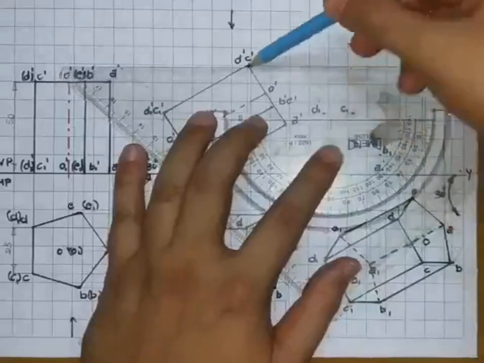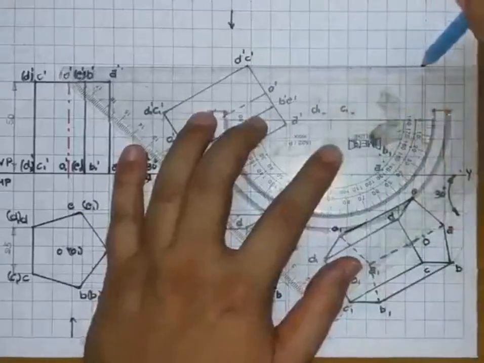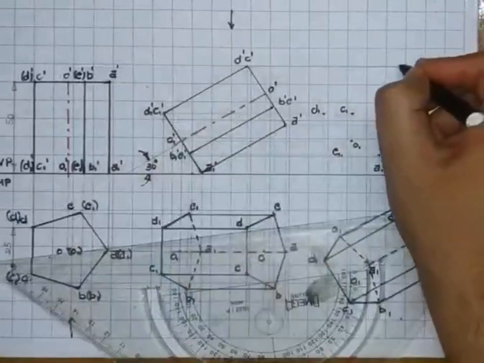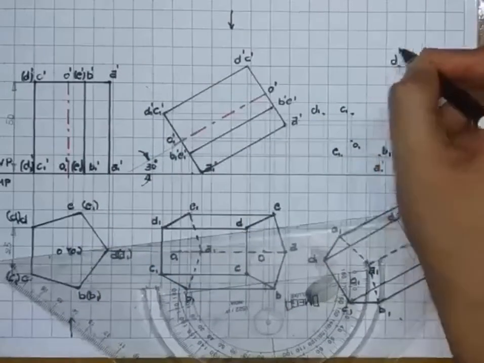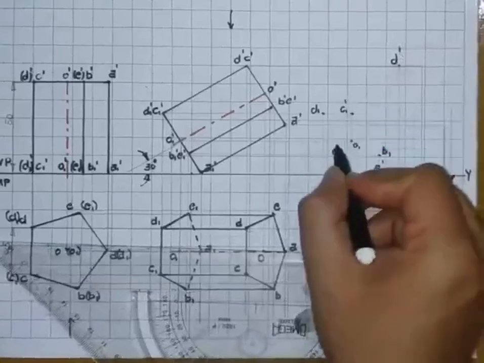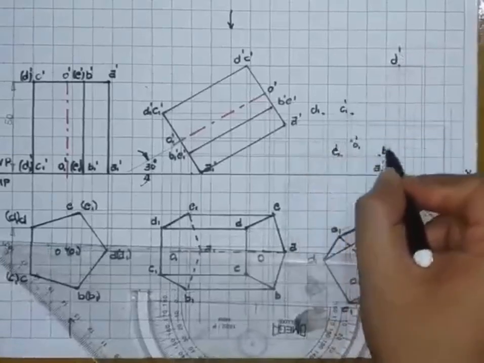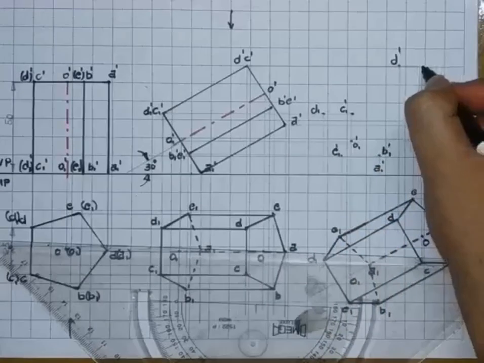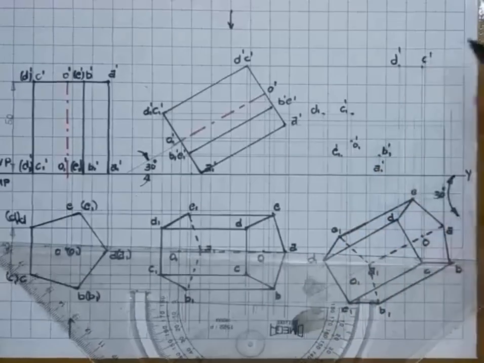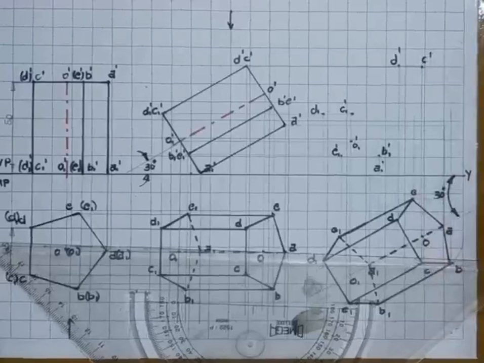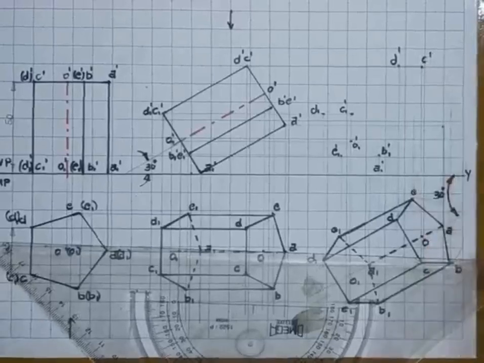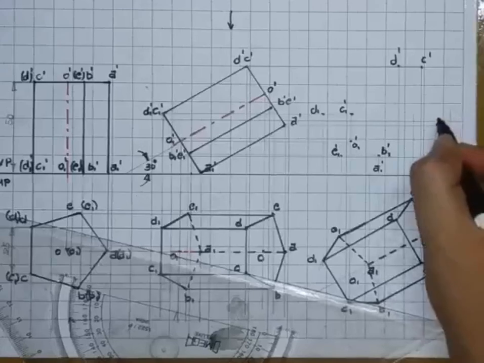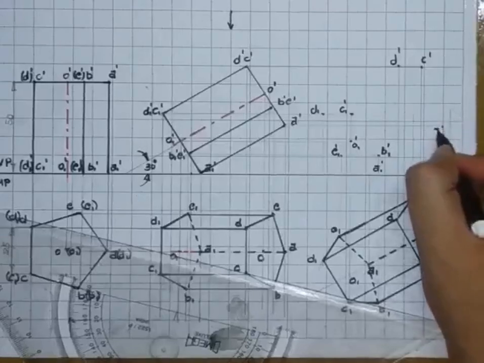This is point C and D. Let me mark it. This is point D dash. And this is point C dash. And this is point A dash.